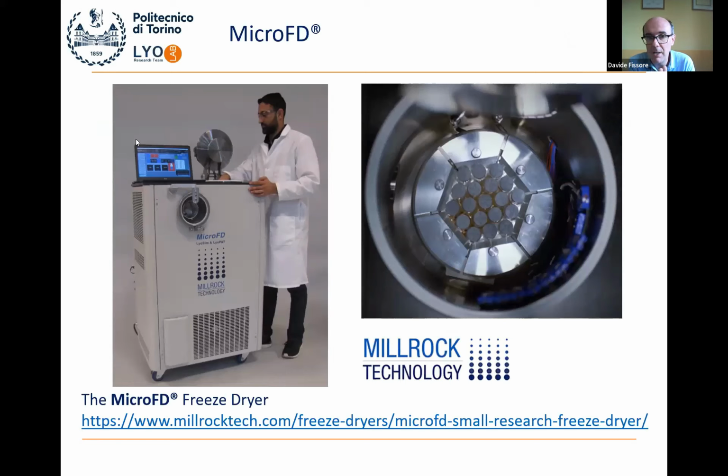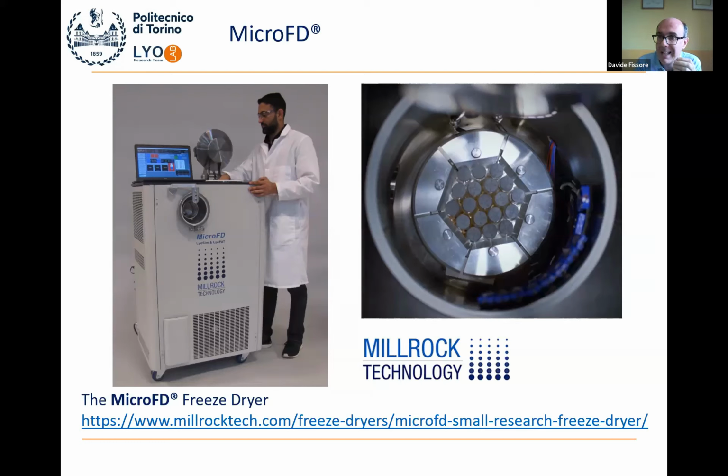This is MicroFD. As you may see in the picture on the left, it is a very small apparatus, a very small freeze dryer. The chamber shown in the picture on the right may host 7 vials if you are using 20R vials, or, like in the case shown in this slide, 19 vials.